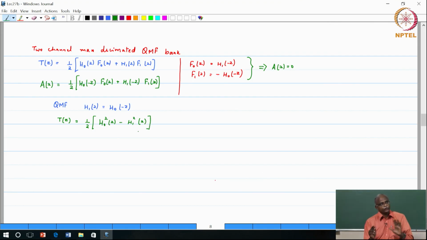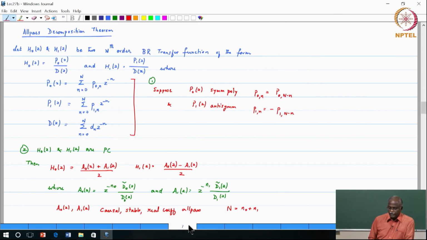If you go through the substitutions, basically substitute the aliasing cancellation constraint and the QMF constraint, this is what we get, and this we can write as 1/2 H naught of z plus H1 of z into H naught of z minus H1 of z.